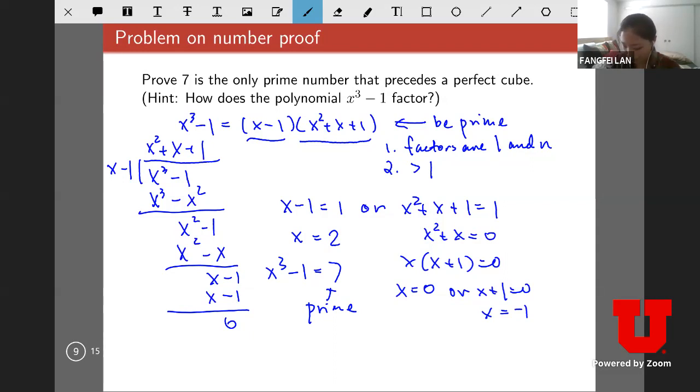In either of these cases, x cubed minus 1 becomes negative 1, and this becomes negative 2. In neither of these cases is x cubed minus 1 prime. So these are not prime.